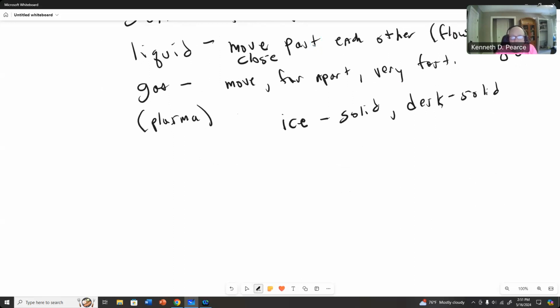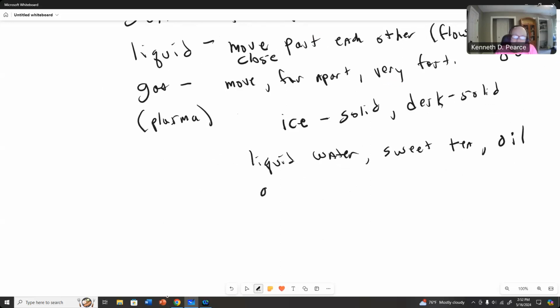What's an example of liquid? Well, we can have liquid water or sweet tea. That is certainly a liquid. We could have oil. That's a liquid. Can be rather thick, but it is a liquid.